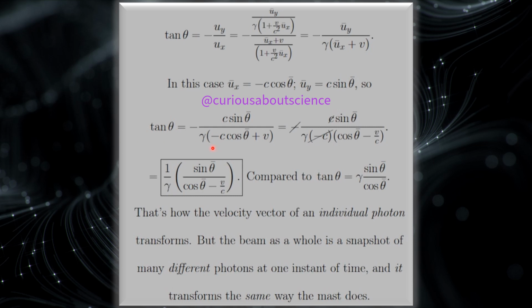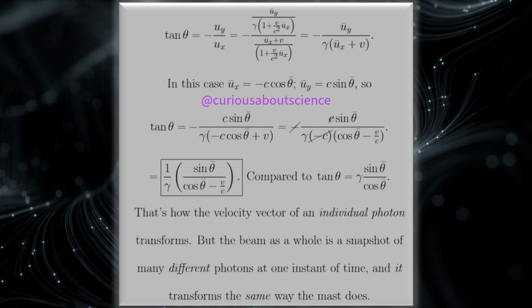Let's cancel out the negatives that we see here after we factor out a negative c in the denominator. So this negative c cancels with the c in the numerator and cancels the negative that we had from setting it up. And so what we're actually left with is 1 over gamma times sine theta bar over cosine theta bar minus v over c.